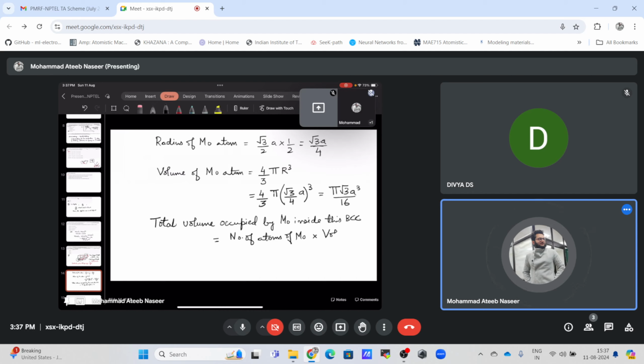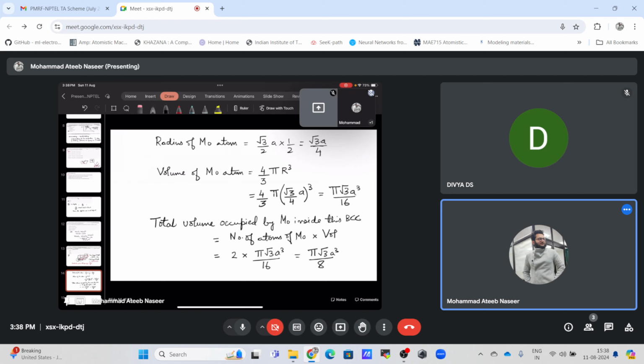The number of atoms in body centered is 2, and this volume came out to be pi root 3 a cube by 16. So it is simply pi root 3 a cube by 8.